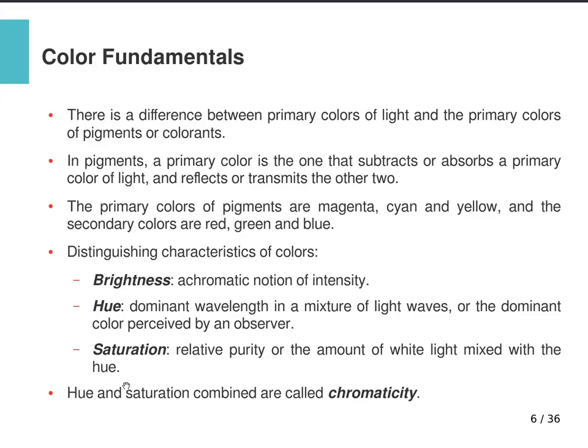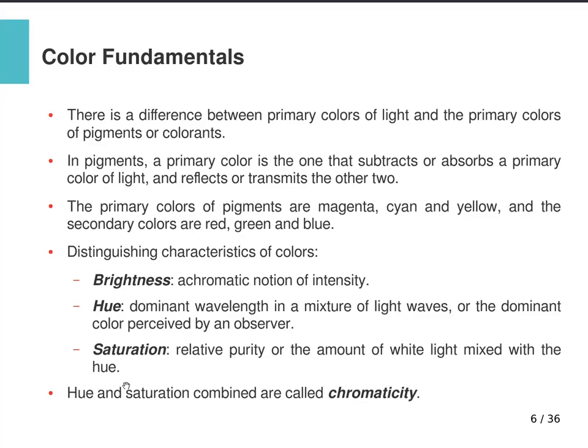What do we mean by that? So in pigments, a primary color is the one that subtracts or absorbs a primary color of light and reflects or transmits the other two. So because of that, the primary colors of pigments are magenta, cyan, and yellow, while the secondary colors of pigments are red, green, and blue. So basically, the primary colors of light are secondary colors of pigments, and the secondary colors of light are primary colors of pigments.